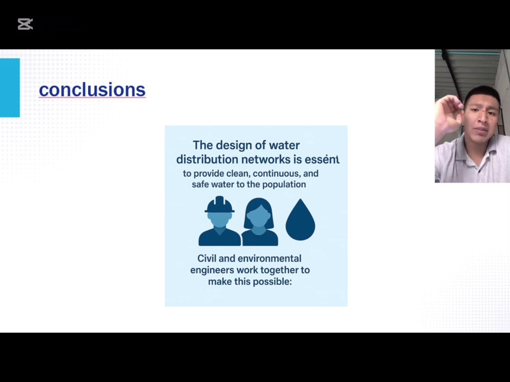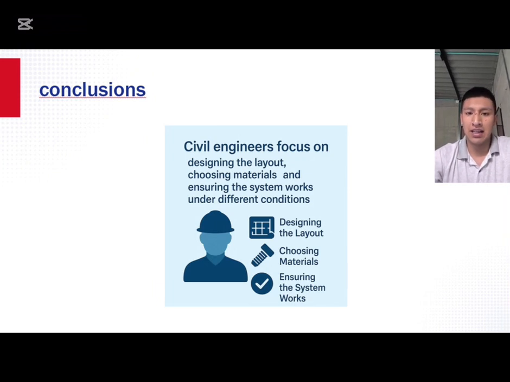Civil and environmental engineers work together to make this possible. In this case, the civil engineer focuses on the design, the layout, choosing the materials, and ensuring the system works under different conditions.